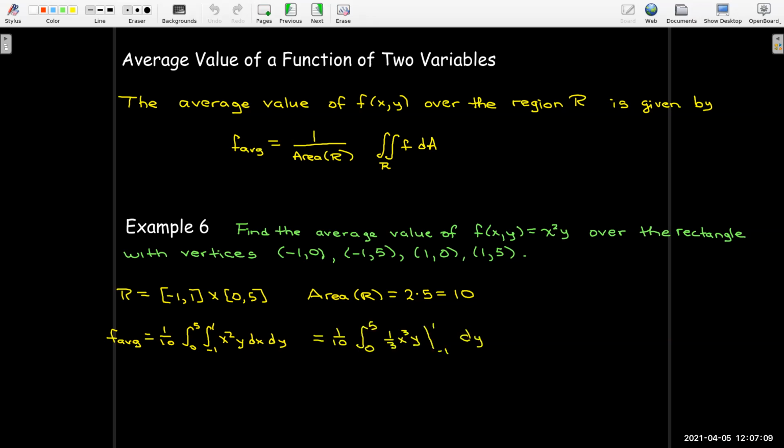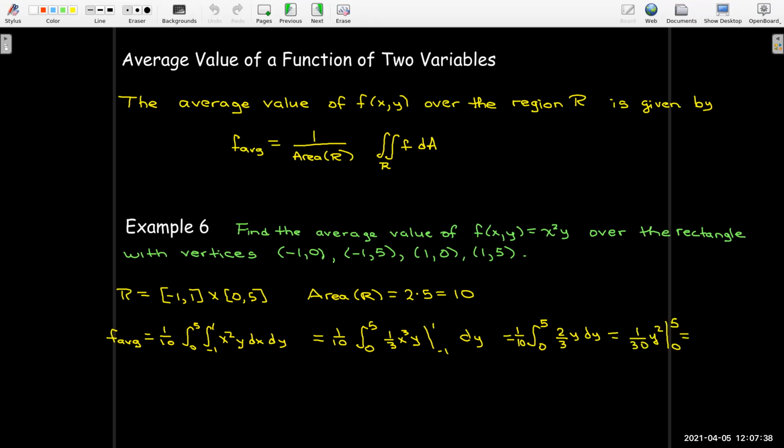So evaluating the inner integral, take the antiderivative with respect to x. The y is a constant multiplier, so I just get 1/3 x cubed y. Evaluate that between -1 and 1, and I get 2/3 y, and take its antiderivative.